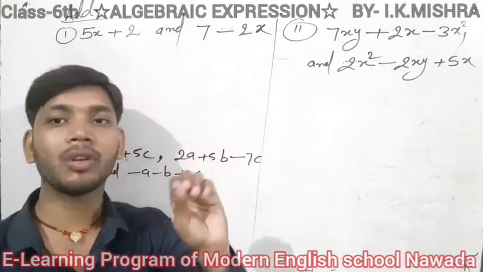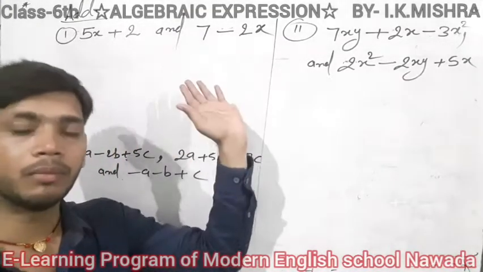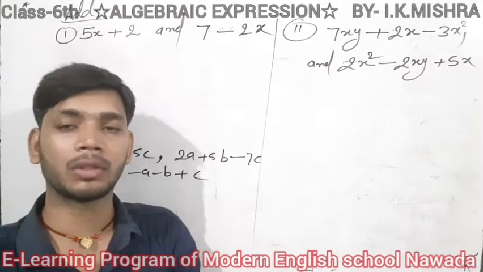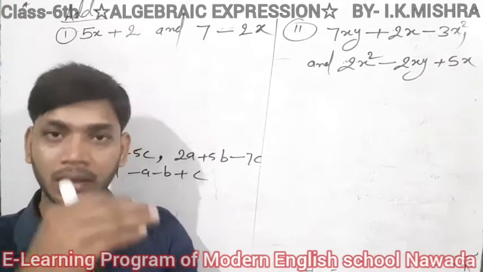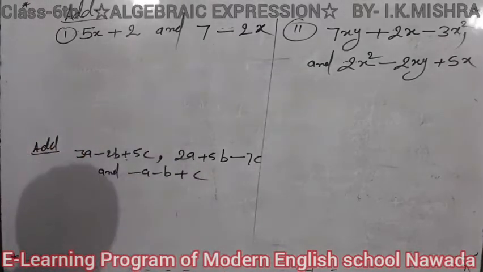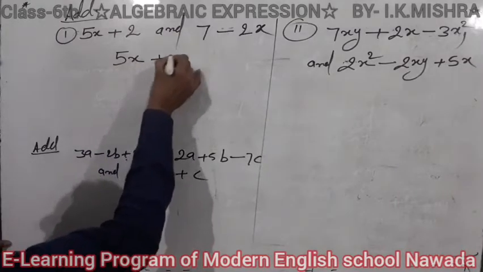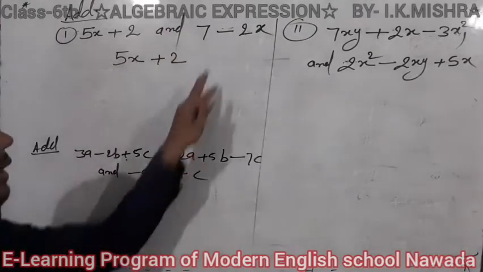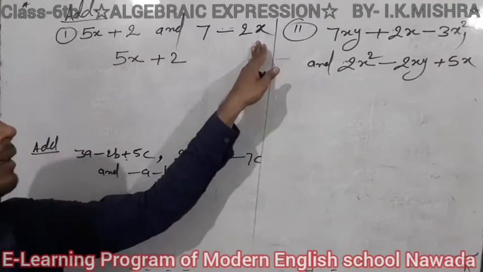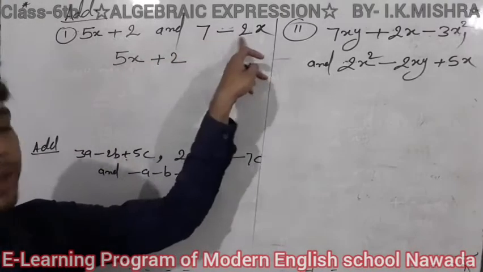Students, here first of all arrange the like terms and write all the like terms in a column with the same like term. Suppose here we have to add this. That means first of all write 5x and plus 2, and then in this expression its like term is minus 2x.